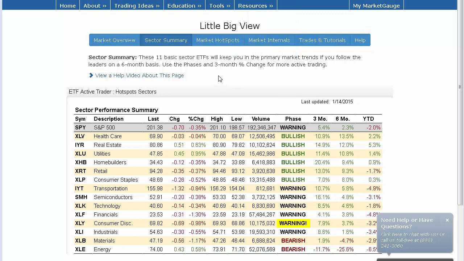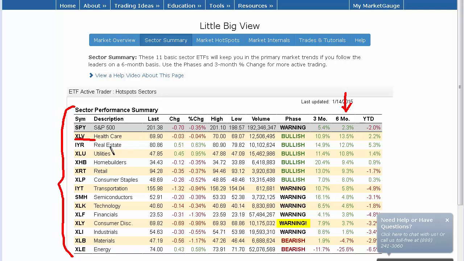Now, if you go there and then go to the sector summary, you will see a chart or a table of major industry or sectors in terms of ETFs. This particular table, for good reason, is ranked by the strength over the last 6 months. Guess who's at the top?